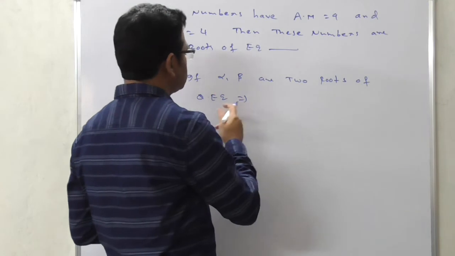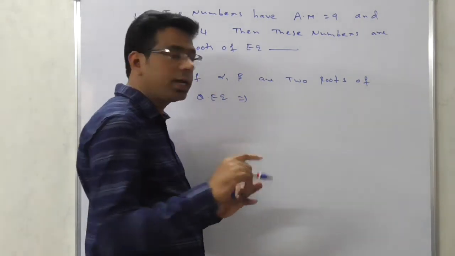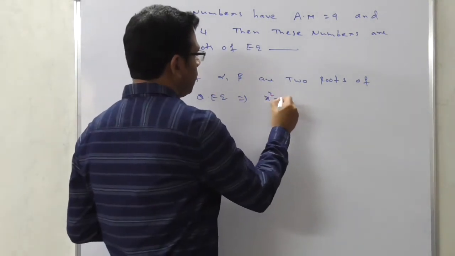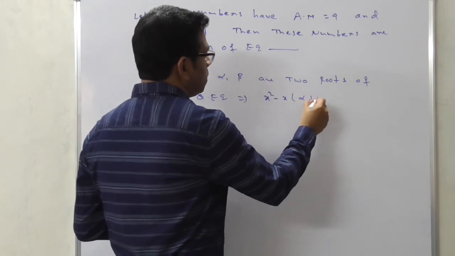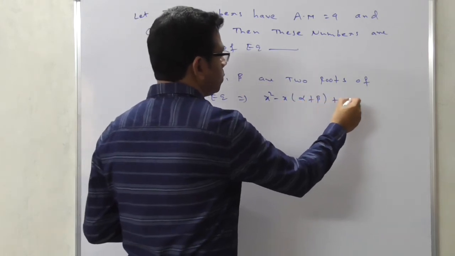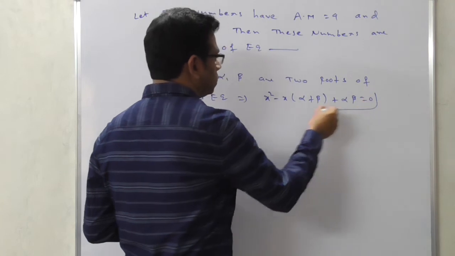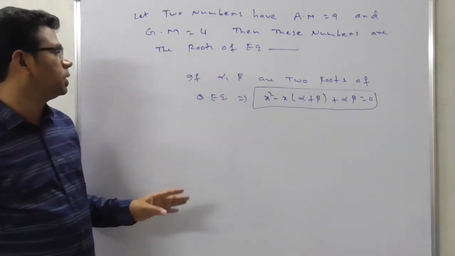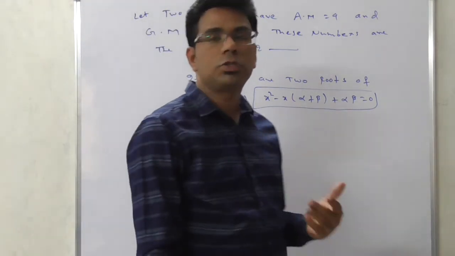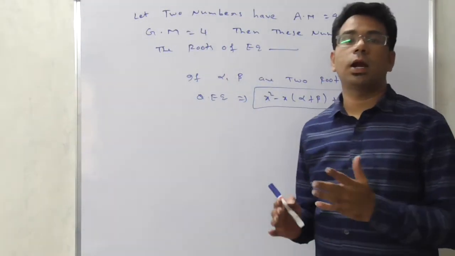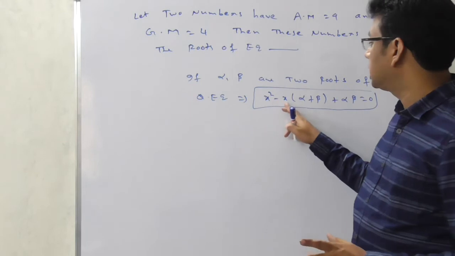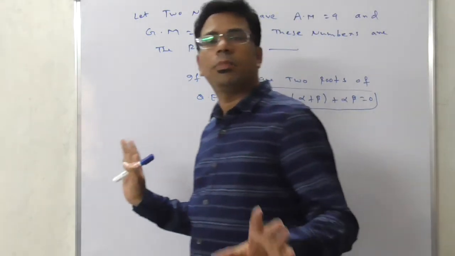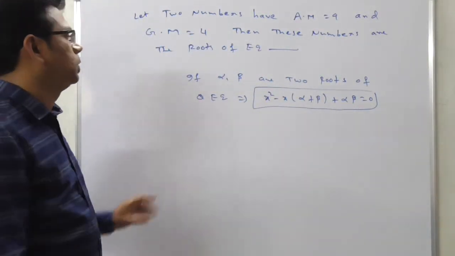If alpha and beta are roots of any quadratic equation, that quadratic equation should be x square minus x of the sum of the roots plus the product of the roots equal to 0. Clear? It's a very simple one.